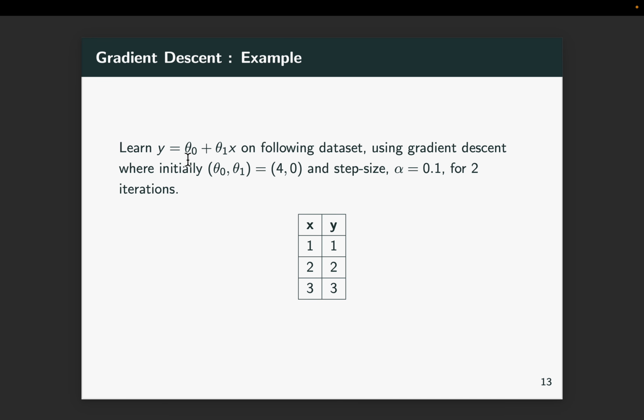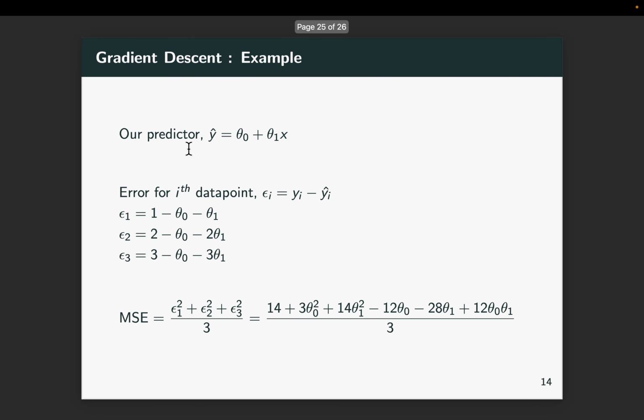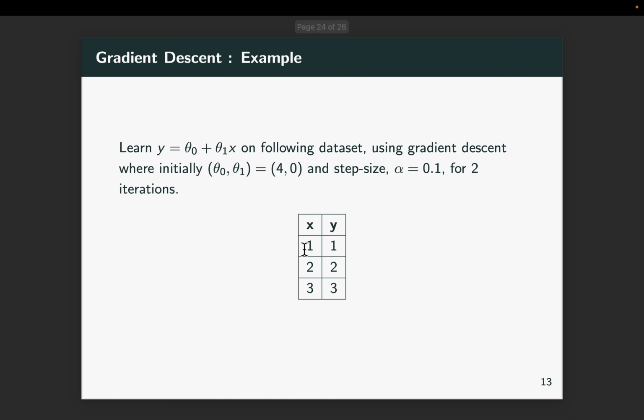So the way to go about this is, we know that for linear regression we can calculate a y hat like this. We know that the error that I get on an individual data point is y minus y hat, right? So y is 1, y hat is theta naught plus theta 1; y is 2, y hat is theta naught plus 2 theta 1; and y is 3 and y hat is theta naught plus 3 theta 1.